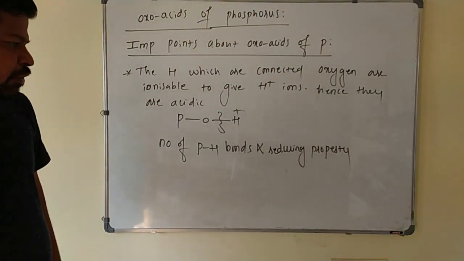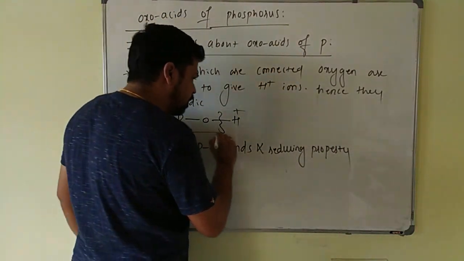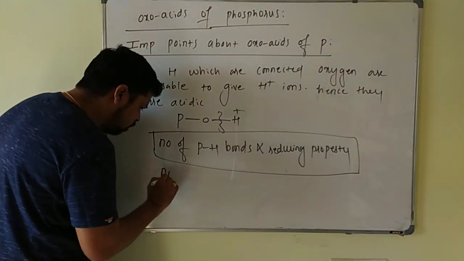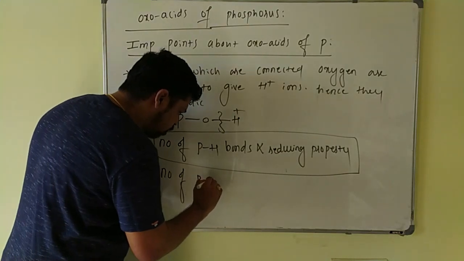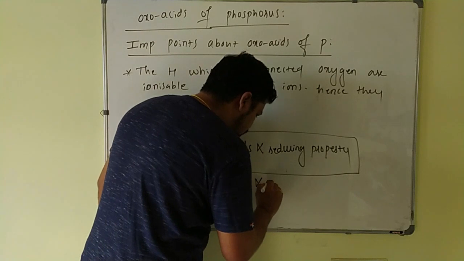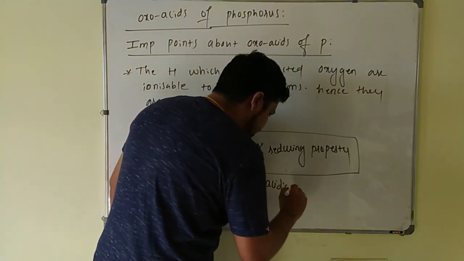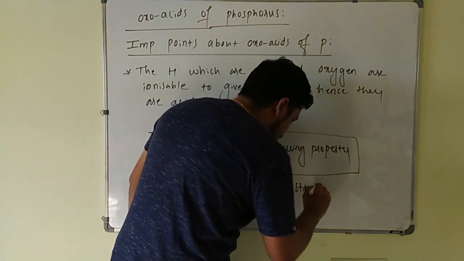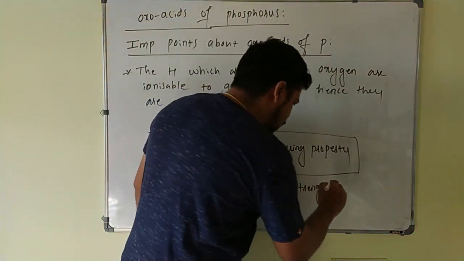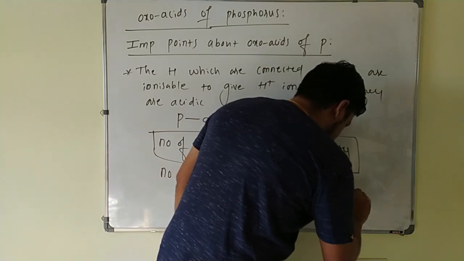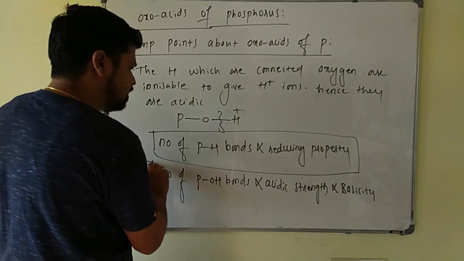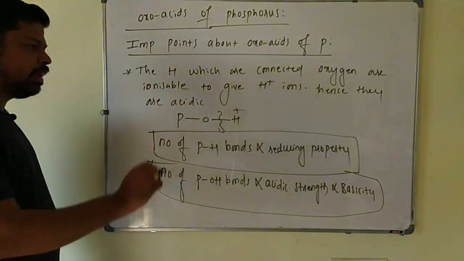If an oxoacid contains P-H bonds, it has reducing property. The number of P-OH bonds is directly proportional to acidic strength. As the number of P-OH bonds increases, acidic nature increases, and that's why the basicity of the acid also increases. This is a very, very important point you have to remember.